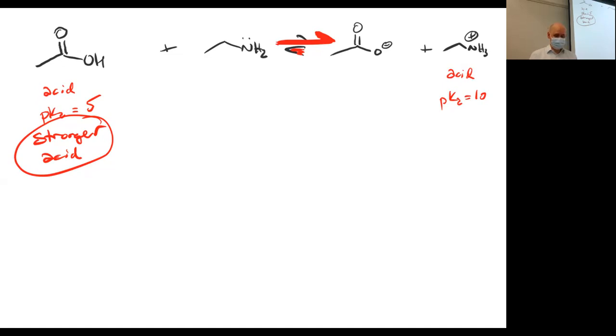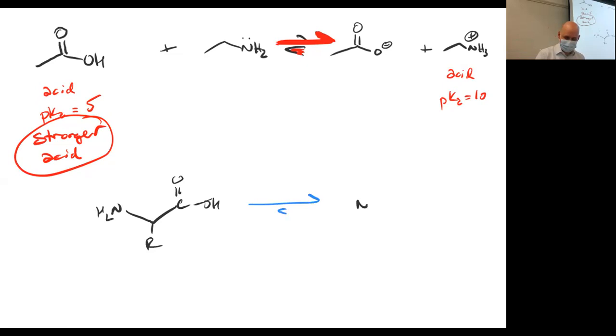And so what we see in our bodies is that we have a whole lot of molecules called amino acids. And amino acids all look like this. If you draw them out with an amine and an acid, whatever their R group is, they all have amines and carboxylic acids. But if you put a carboxylic acid and an amine together, they don't like to stay that way.